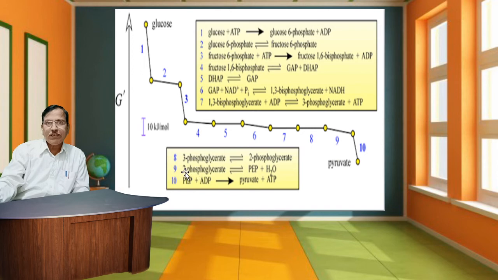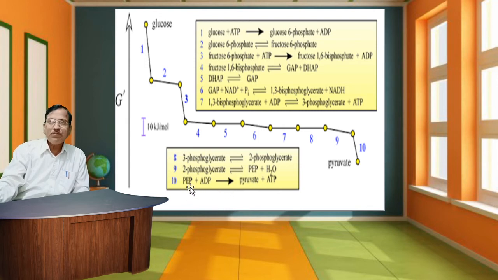In the ninth step, 2-phosphoglycerate is converted into phosphoenolpyruvate plus H2O, using the enzyme enolase with magnesium ions.